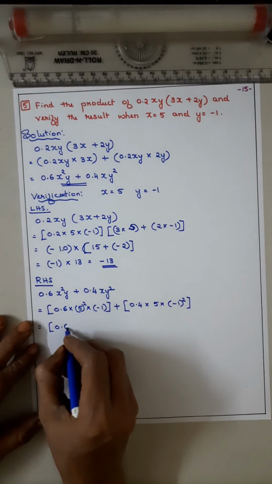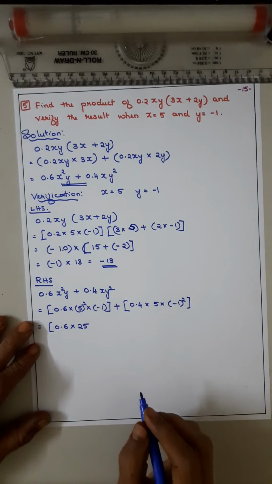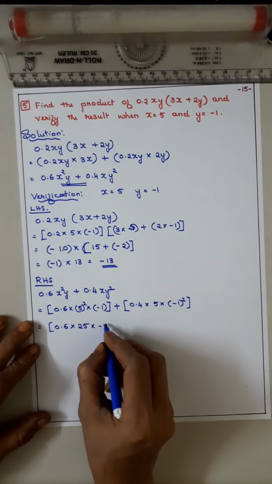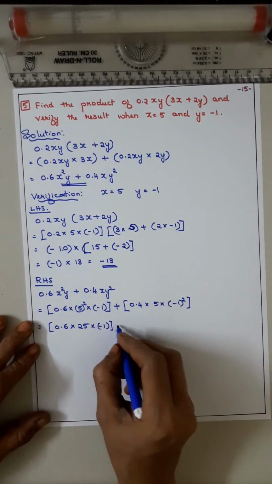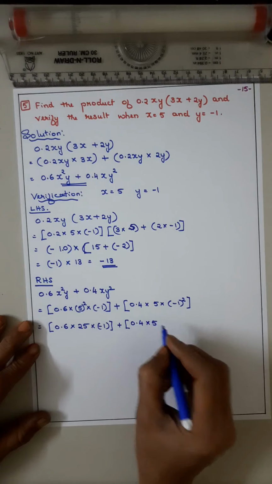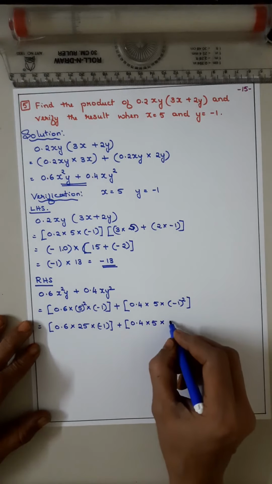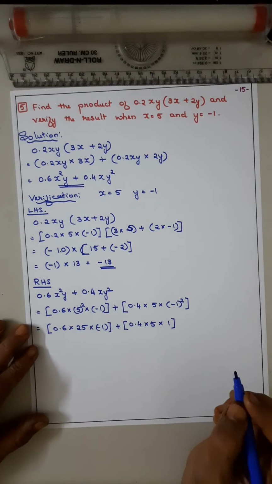Now 0.6 into 5 squared is 25 into minus 1, plus 0.4 into 5 into minus 1 squared. It becomes plus 1, isn't it?